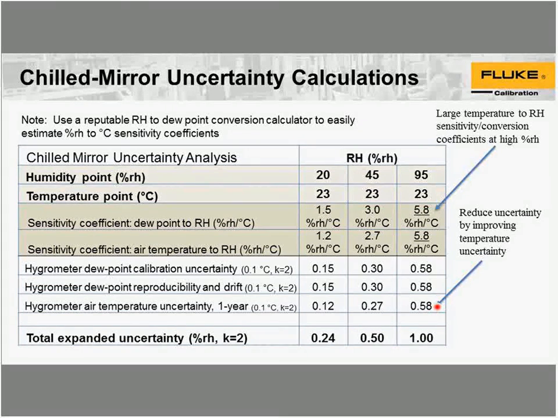And then I want to say too, this cal uncertainty of 0.1 degree C dew point, that's not exactly easy to achieve either. I checked with several accredited dew point calibration providers, and 0.1 was about the best I could find. Some of them were in the 0.2 to 0.3 degree C range.